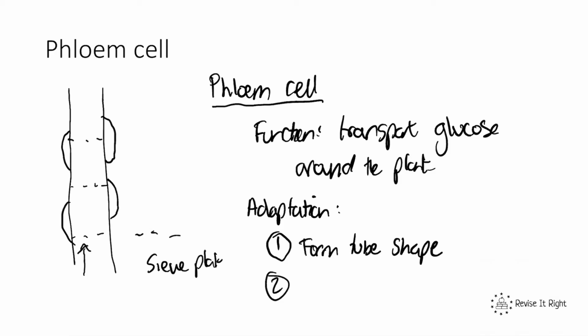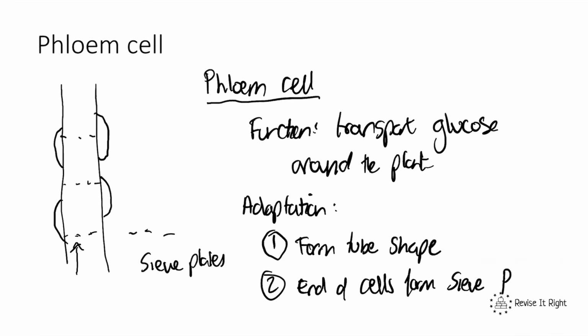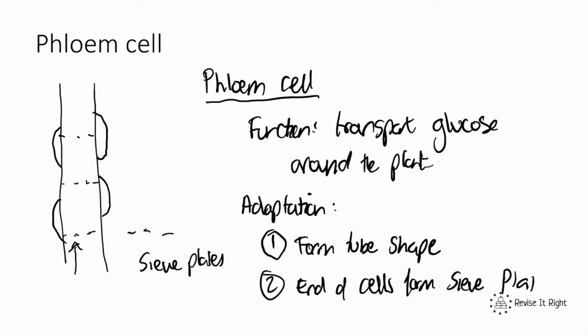So the ends of the cells form sieve plates. That's a second adaptation. Again, this allows glucose to be moved up and down the phloem. So one adaptation is that they form a tube shape. The second is that the ends of the cells form sieve plates.